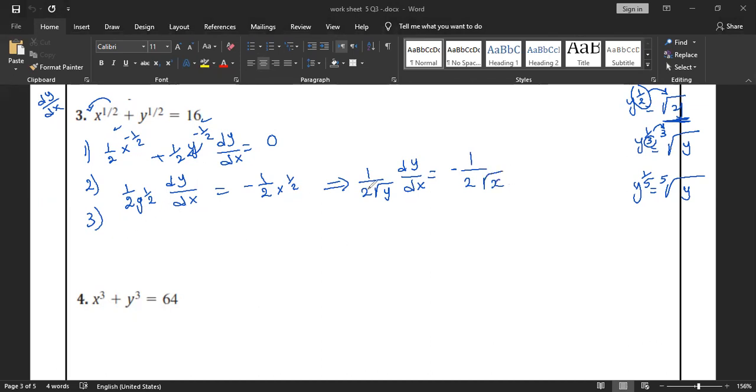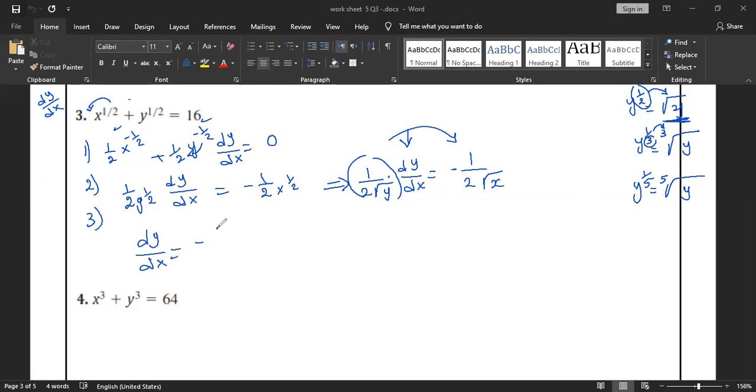Then the third step, I have to solve for dy by dx. To find dy by dx, how to cancel this fraction? If I multiply by any fraction, it will go to the other side to multiply by its reciprocal. It's what?